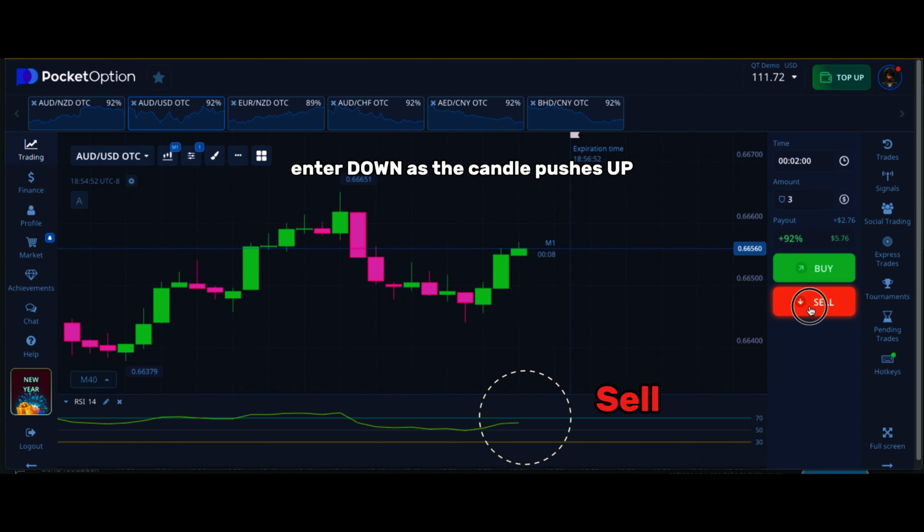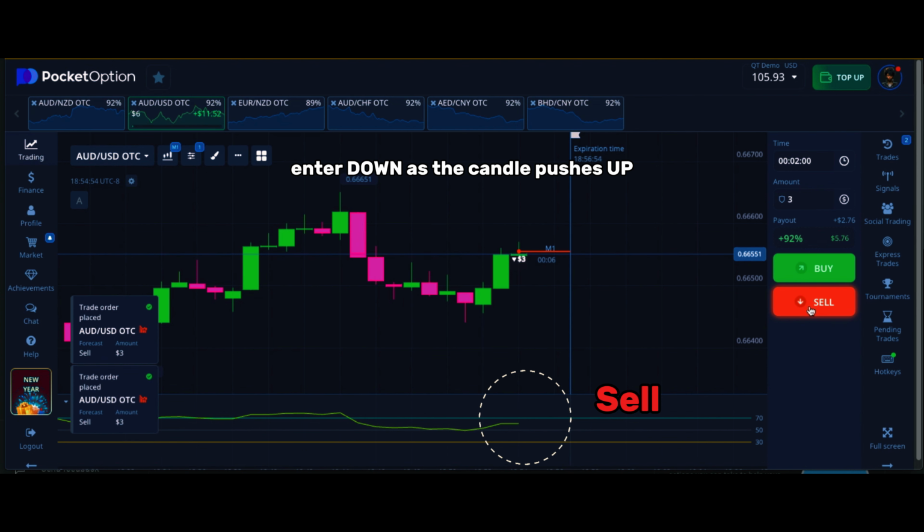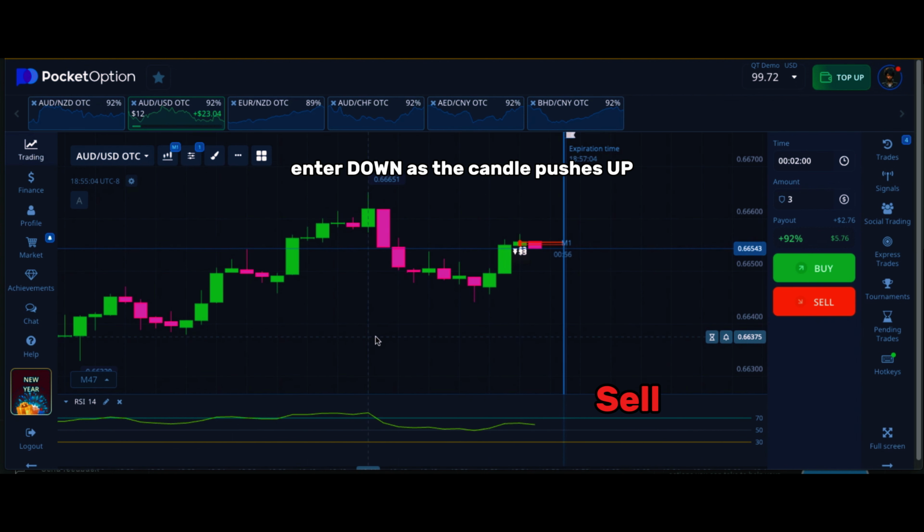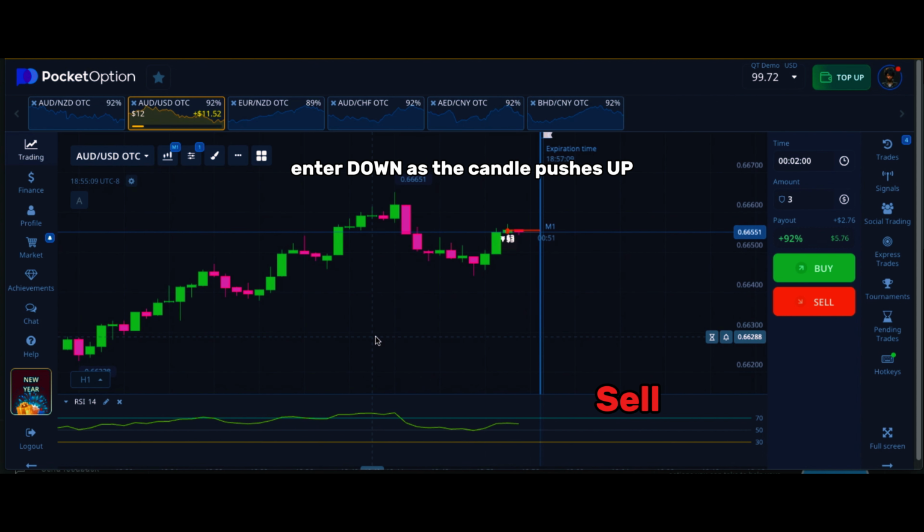Same thing, pay attention exactly where the RSI signal is at. It's right under the 70, and that's where you want to start to begin to make your entries. You don't have to go crazy. Maybe try one or two, do whatever is comfortable with you. And again, I would suggest starting in the demo doing this before you do it in your live. Okay, once it starts heading down, you don't need to make any more entries after that.